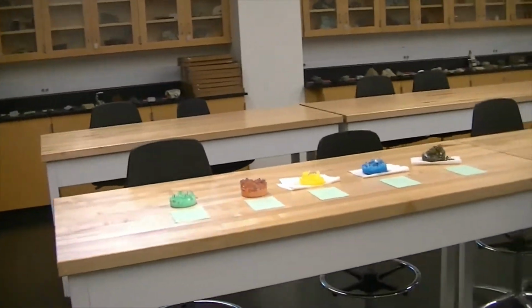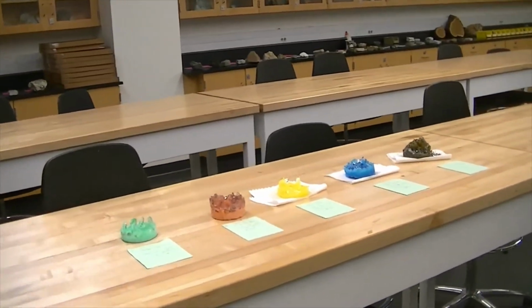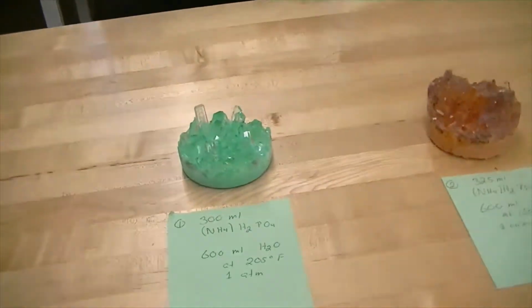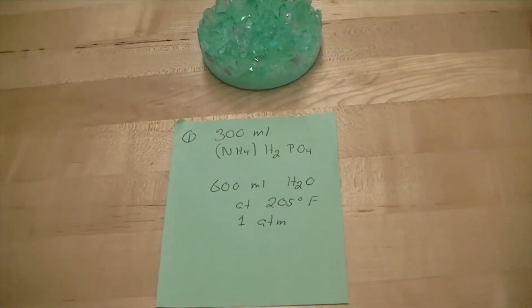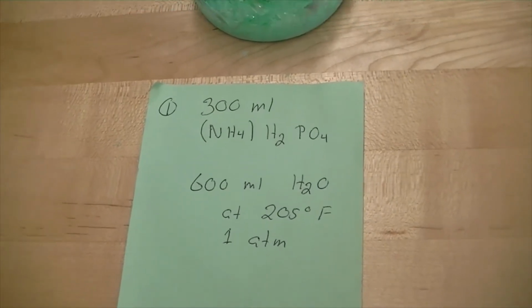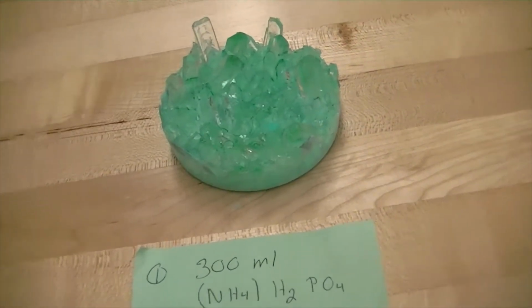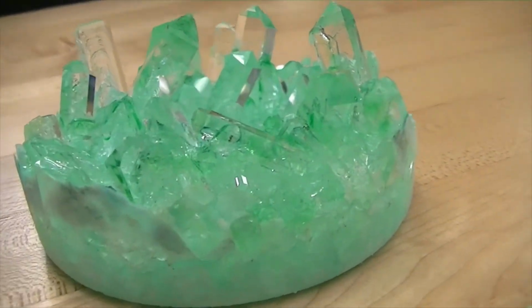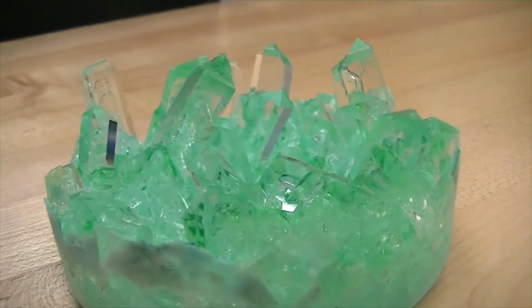So here are our 5 groups of crystals. Starting here with this green one, this had the smallest or the lowest concentration of ammonium phosphate at 300 milliliters. And these are the crystals that were formed as a result of that experiment.